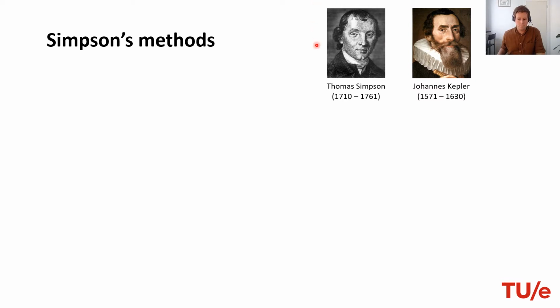But in some German texts, you would actually see the same methods being called Kepler's methods because they were actually also used already more than 100 years earlier than Simpson lived. They were already used by Johannes Kepler, the famous German mathematician and astronomer.